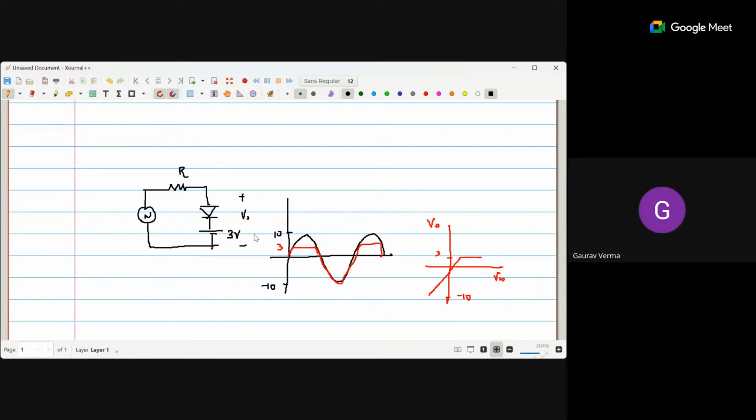Another question that Muthu asked was about the slope of this VTC, voltage transfer characteristics. Wouldn't the resistance impact the slope? Seems like the slope is 1 as you have shown, or will R impact the slope of the VTC?